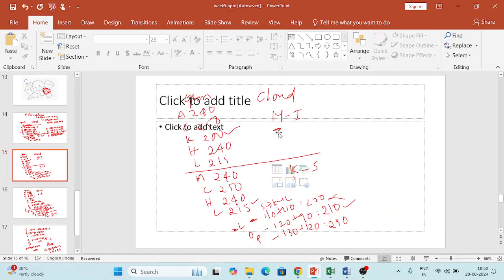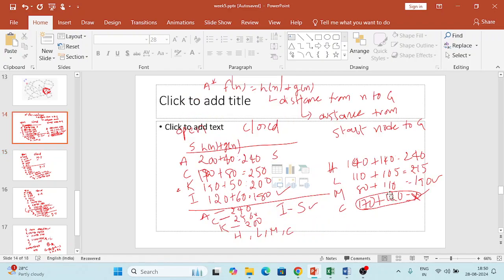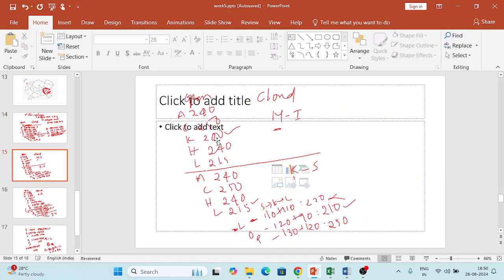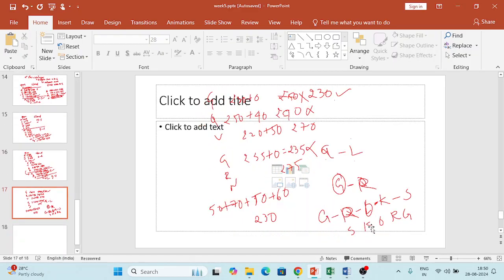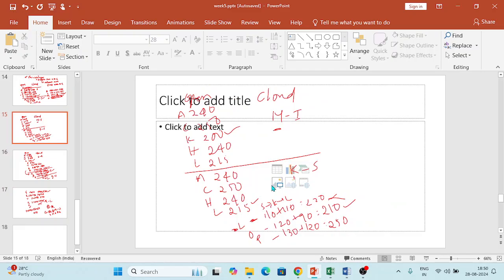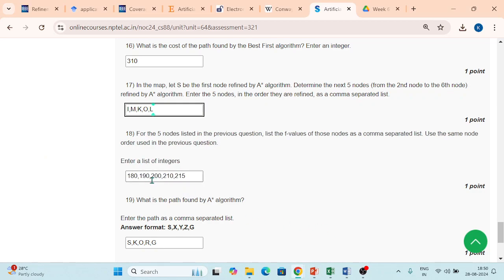Next M, next K. M is having 190. K is having 200. Next, K, O value is 210. Like that we have to write the F values: 180, 190, 200, 210, 250.